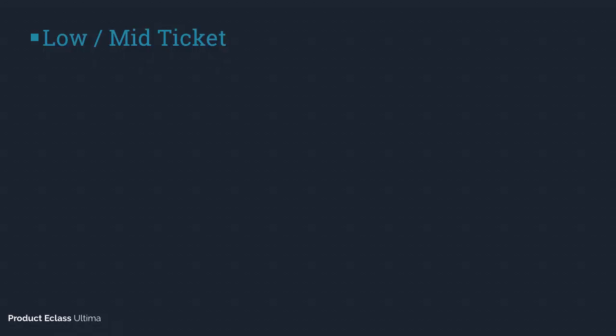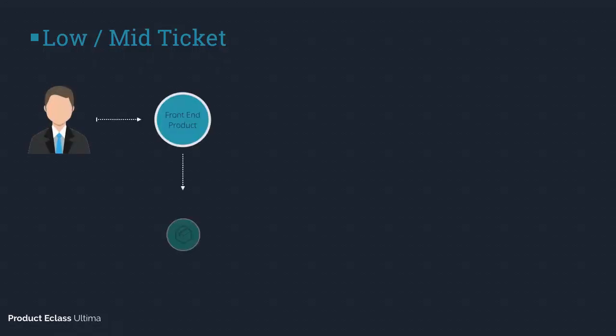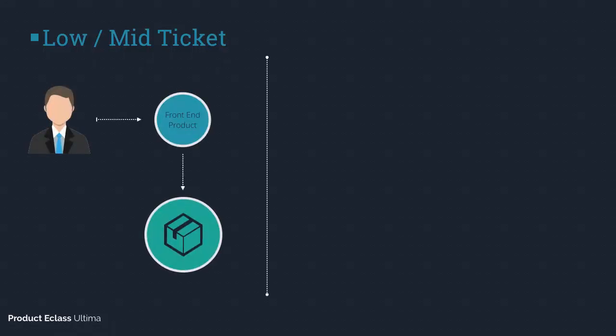A lower mid-ticket product to your flagship product. So customers' first interaction with you is to spend a little bit of money with a front-end product. And then on the back of that front-end product, that's when your flagship product is presented to them. This makes the flagship product inherently scarce because the only way they get to your flagship product is by first buying something before that.